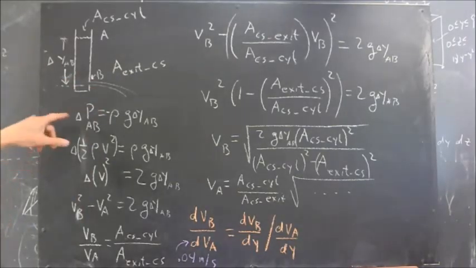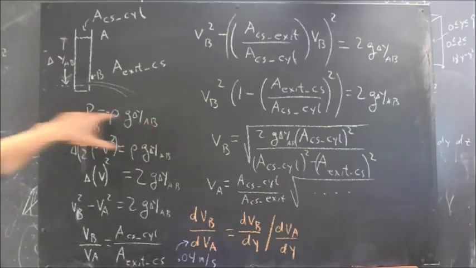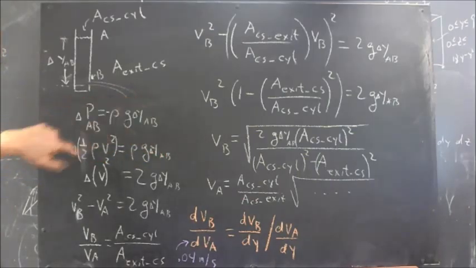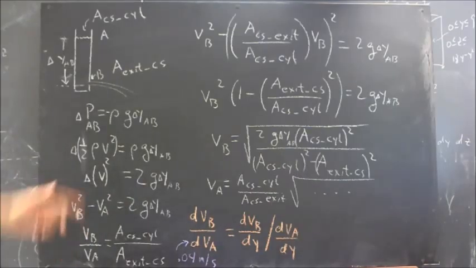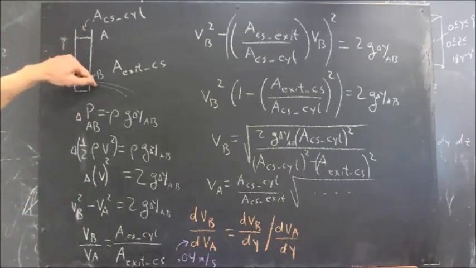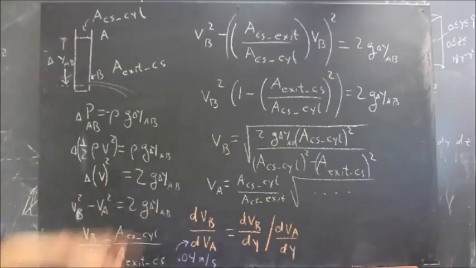Now, we didn't even really need to get the delta p_AB to note that in order to conclude this. If we just go from point A to point B, we get this.